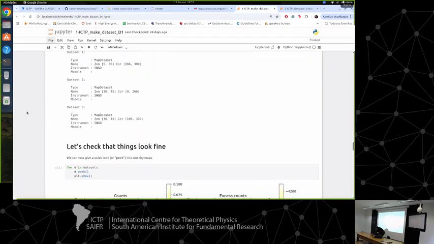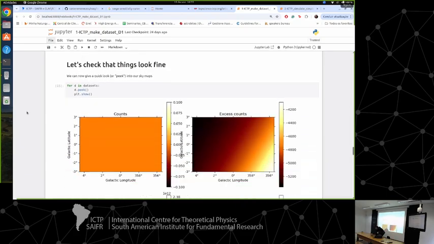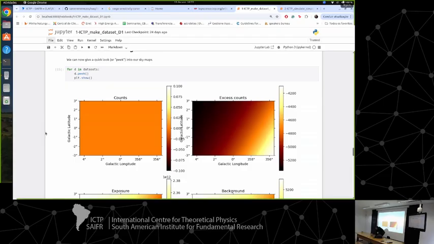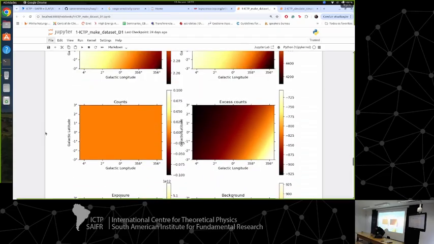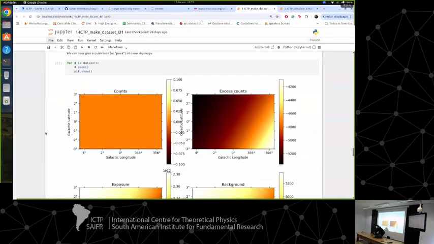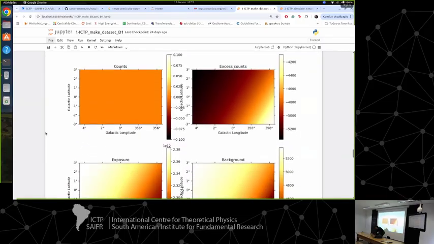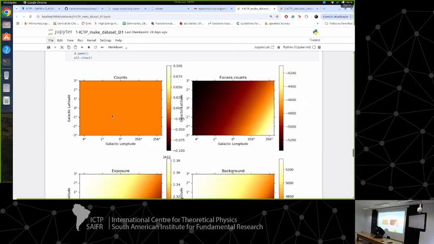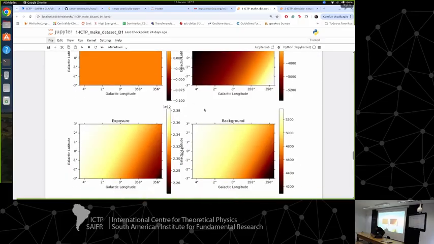I will not run it here. You can please run it on your computers, but it can take some minutes to finish. And you can run until the end, and you see some results like this. These are the counts map, the excess counts, the exposure, and the background.